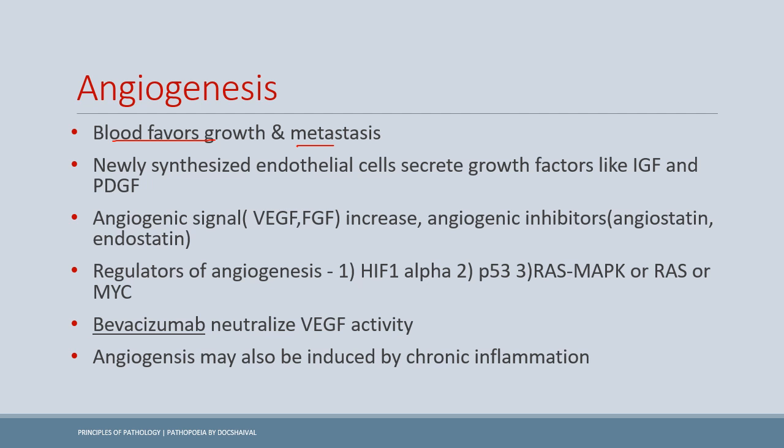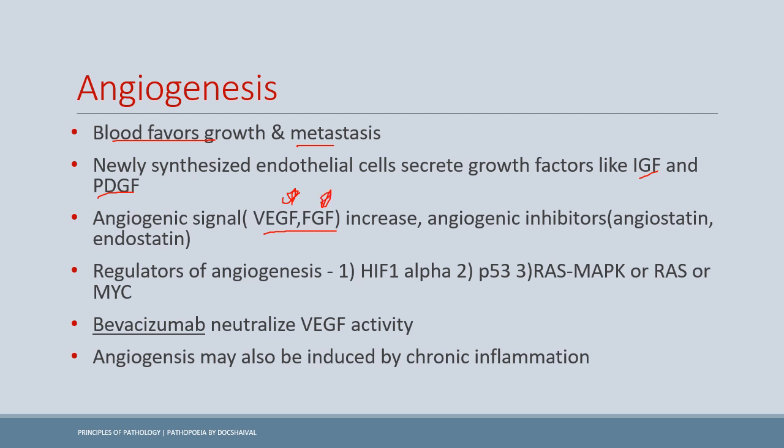Why does angiogenesis occur? First of all, whenever there are newly synthesized endothelial cells, they secrete factors like insulin-like growth factor IGF or platelet derived growth factor PDGF. And the angiogenic signals are because of the vascular endothelial growth factor, VEGF, very high to know, or fibroblast growth factor, FGF, the second high to know.